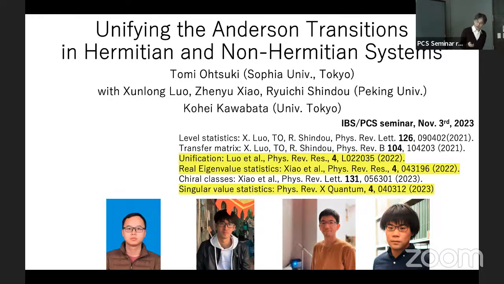What I'm going to talk about is that these new 38 symmetry classes of non-Hermitian systems can be mapped to 10 Hermitian symmetry classes. So we don't need to calculate anything new for non-Hermitian systems. That's what I'm going to talk about. And if I have time, I will also comment on the energy level statistics and singular value statistics in non-Hermitian systems.